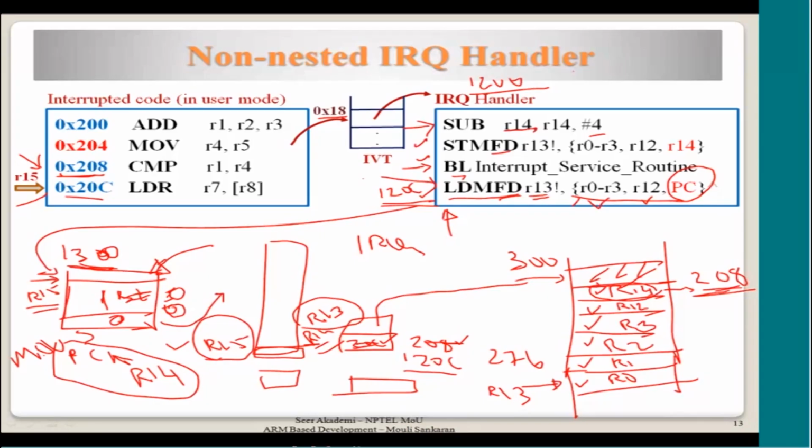Now please see this. There is one caret symbol here.